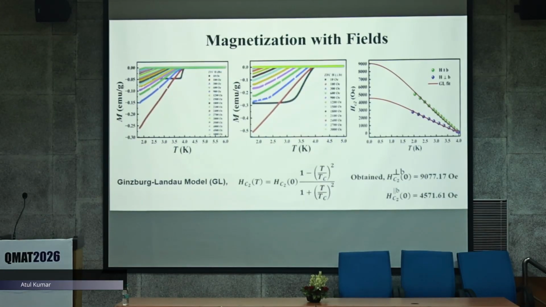Then we performed magnetization measurements under field to calculate the second critical field. In both directions we performed this experiment and found that the second critical field is around 1 Tesla in the in plane direction, and 0.5 Tesla out of plane. So this suggests that the system is highly anisotropic.